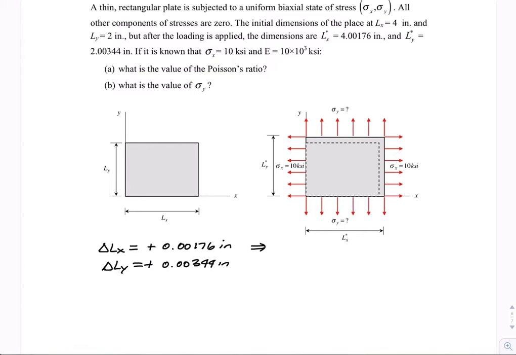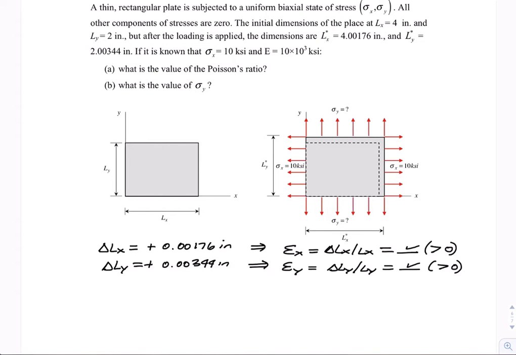Therefore epsilon x is delta Lx divided by the value of Lx that we have. That is a known, and keep in mind that it's a plus because delta Lx is positive. Same way here for the strain in y, that's delta Ly divided by Ly. Again, that number is going to be plus because we have a positive value for delta Ly.